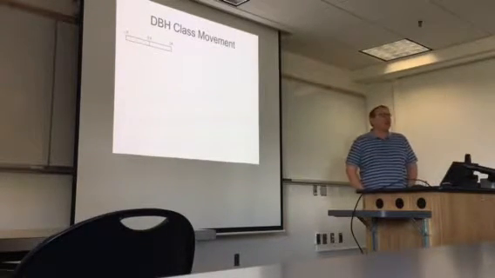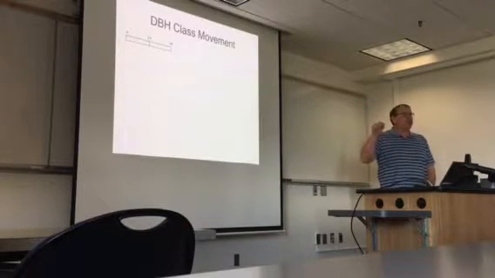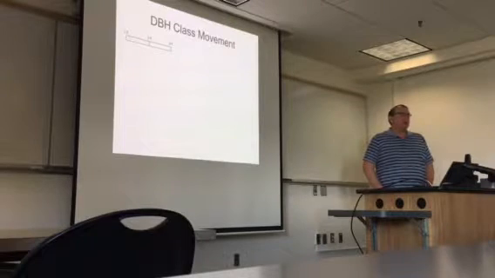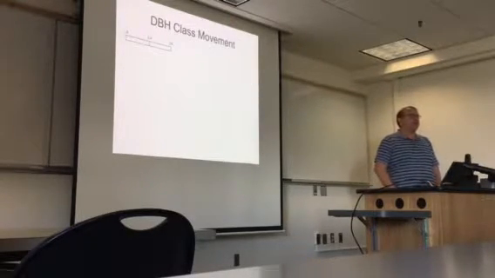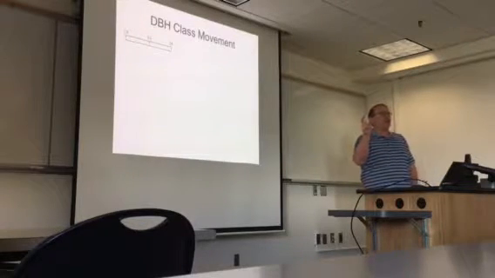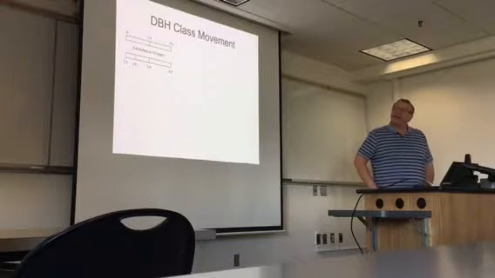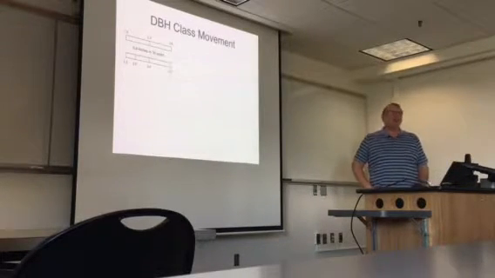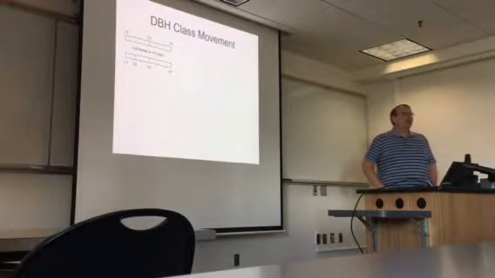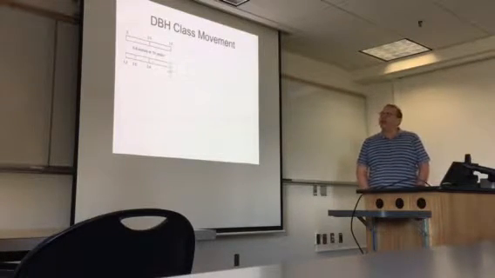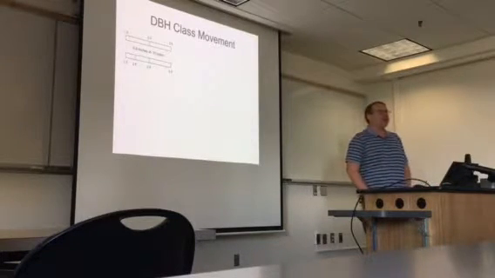Here's a 2-inch DBH class where we have 1-inch widths. So the 2-inch class goes from 1.5 to 2.5, right? 1 inch wide. Let's say we assume that 2-inch trees, which means all those trees, because they're all growing at the rate of a 2-inch tree, are predicted to grow 0.8 of an inch in 10 years.